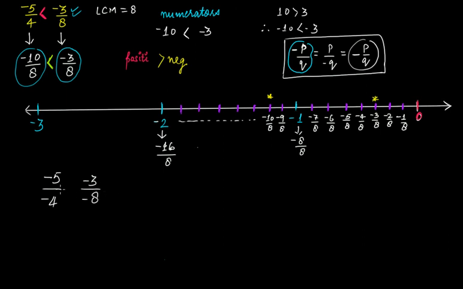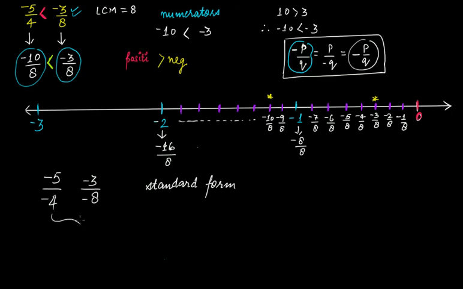Now again, these two rational numbers are not in their standard form. What does standard form tell us? Standard form tells us that you cannot have a negative integer as the denominator. So you have to get rid of this negative sign.